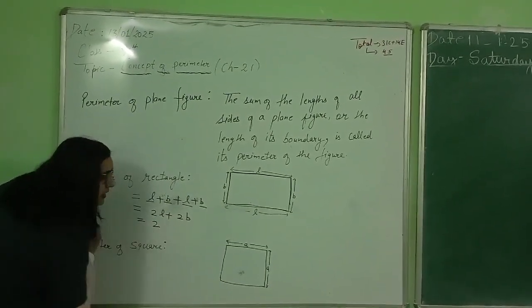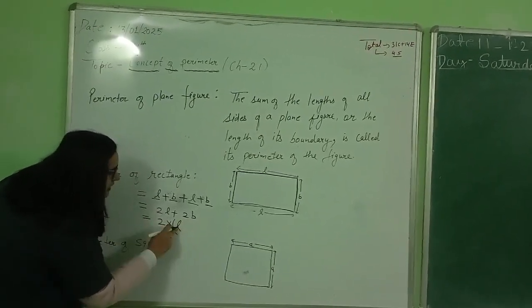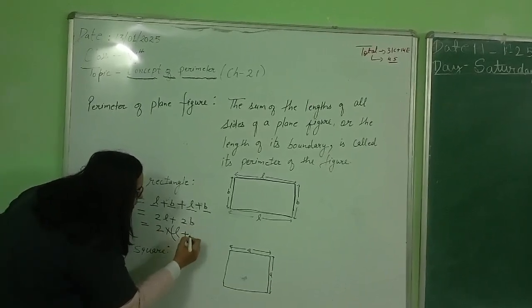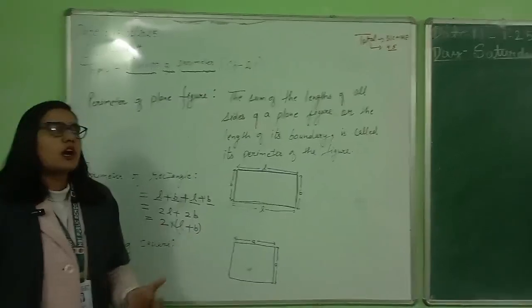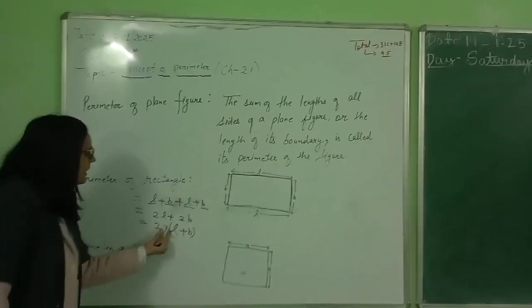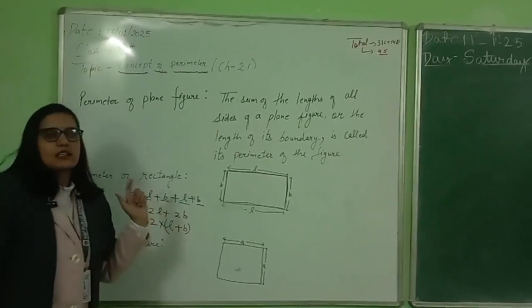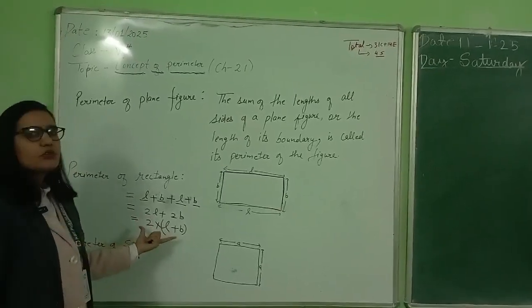Then what is left here? Length, plus, and B. So the particular formula to find the perimeter of the rectangle is 2 into (length plus breadth). I hope you understand the formula and how we are going to use it.